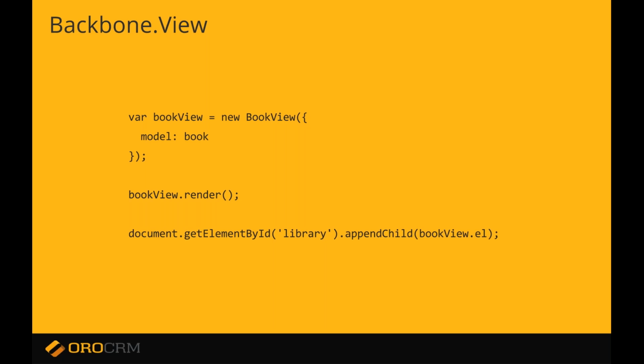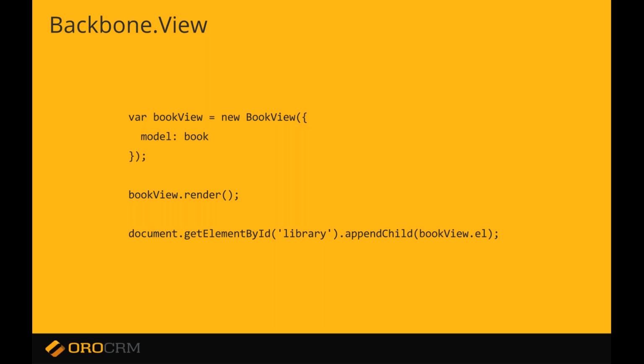Let's go further. Here you can see typical use of such a Backbone.View item. So we create an instance of Backbone.View and provide the model of book. Once we have created an instance of Backbone view, we have to invoke the render method in order to update the content of its element.